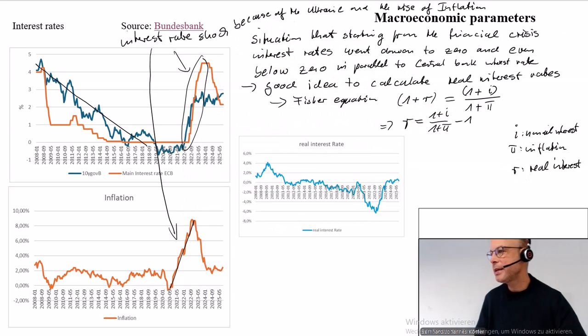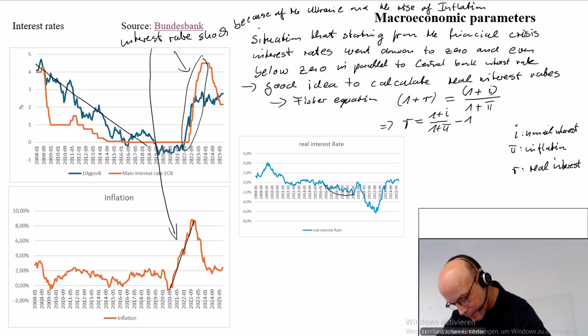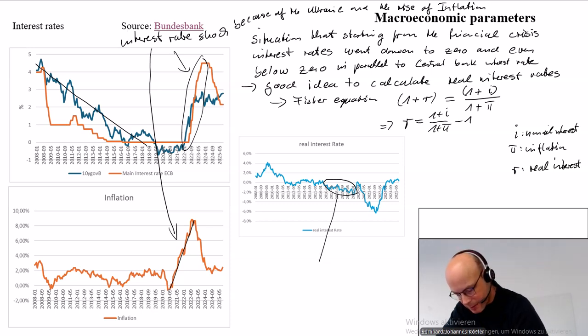And what we see here is that already in the 5 years before Corona, we had negative real interest rates. So inflation, although it was quite low, but the interest rates were even lower, we had the situation of negative real interest rates.